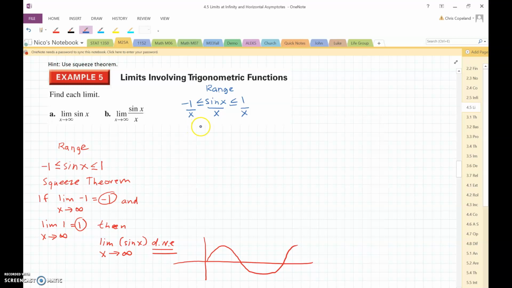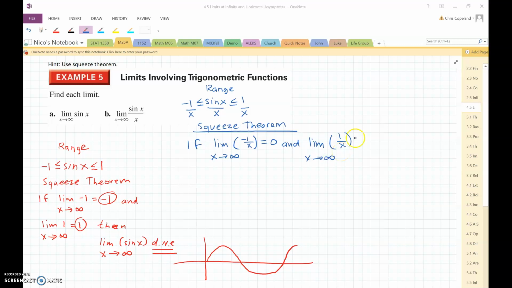Okay, now let's use the squeeze theorem. So, if the limit of -1 over x as x goes to infinity equals 0, and the limit of 1 over x as x goes to infinity equals 0.